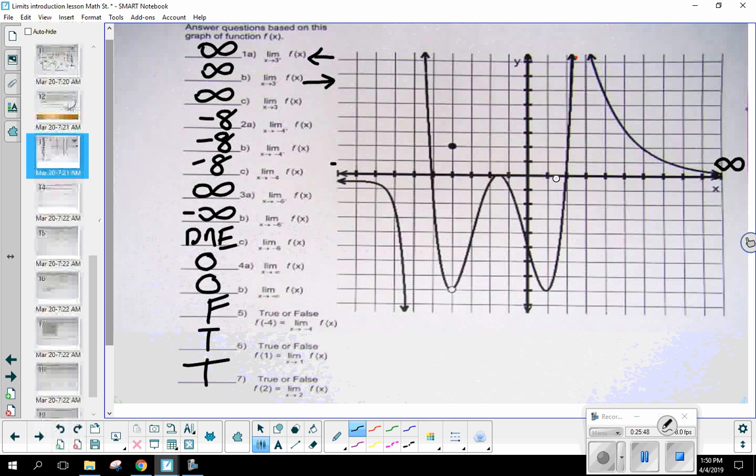So when x is 2, looks to me like we have that coordinate 2, 0, right? So let's see. The limit as x approaches 2, well, if I approach 2 from the left and 2 from the right, now they're approaching it from different directions, but they are approaching 0. So 0 would equal 0, yes. Okay. How are we doing? What do we think of limits?